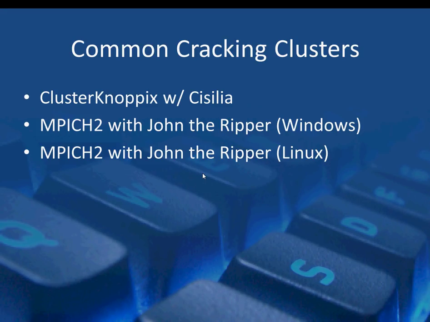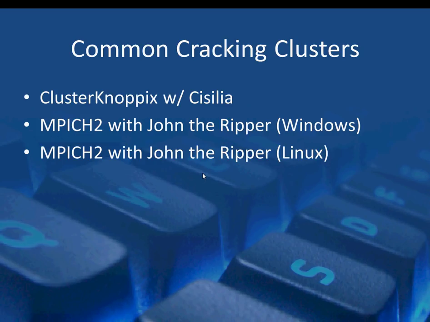Cecilia is just like John the Ripper. It is a password cracking software that can be run in the terminal, and it can be distributed over a cluster of computers. And ClusterKnoppix is just a live CD of OpenMosix, which is a clustering Linux distribution, and so it makes it easier for Cecilia to be distributed with that Linux distribution.